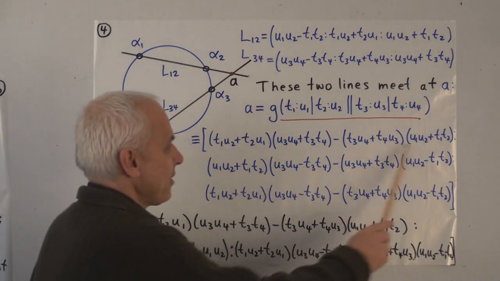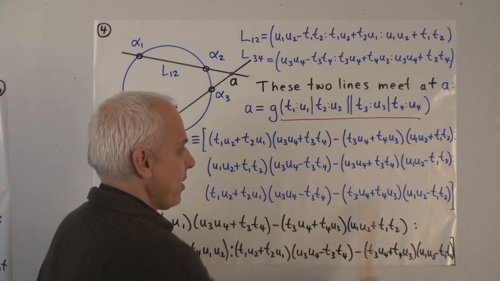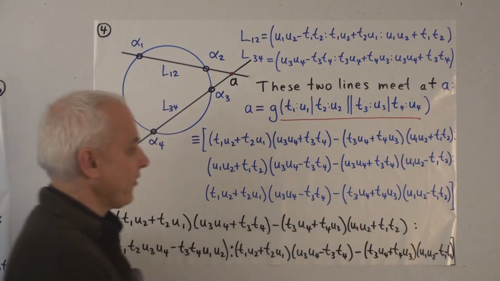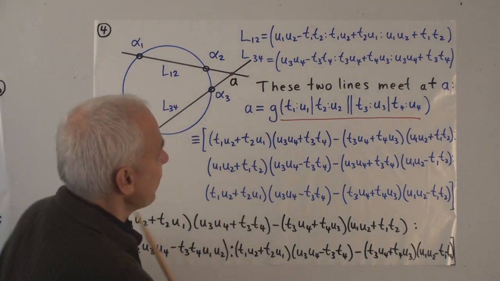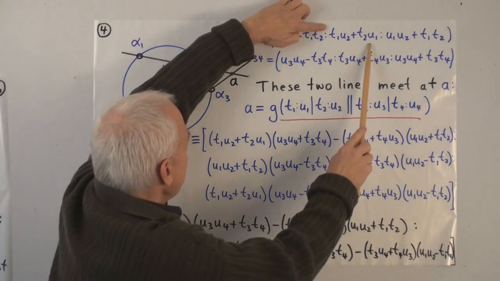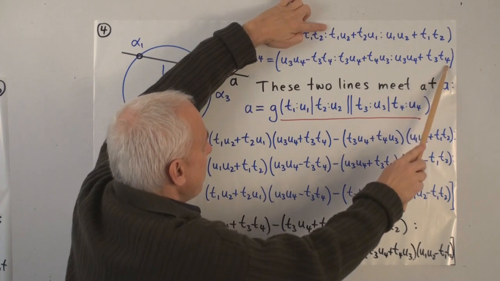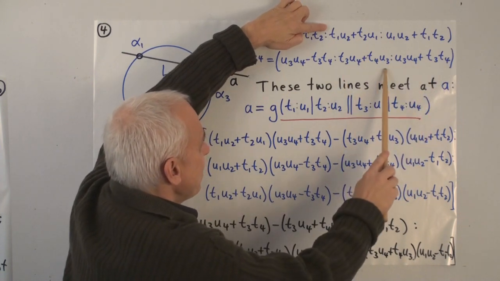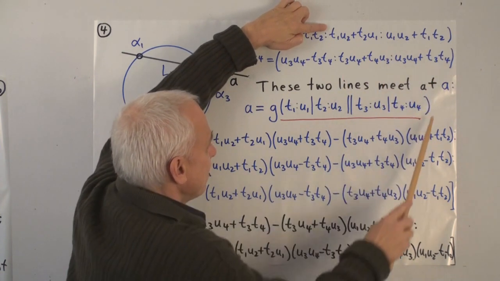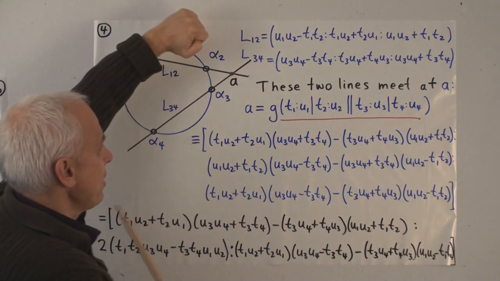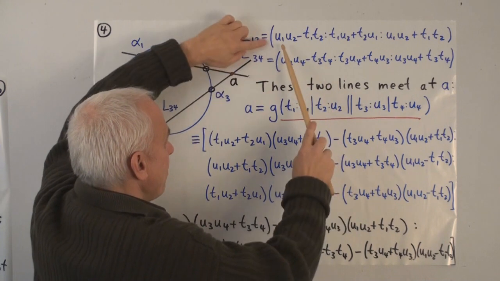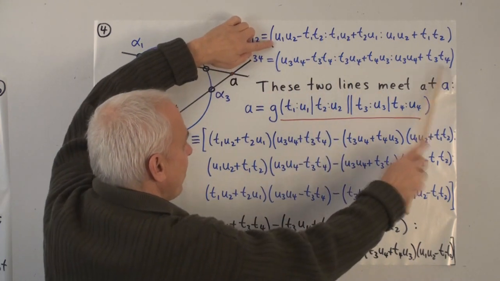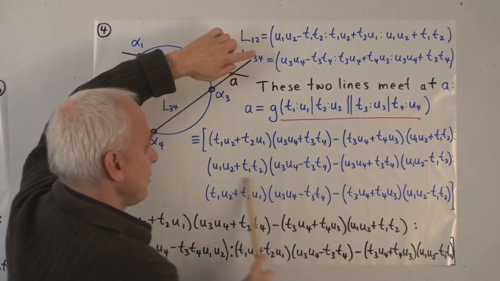There are three components. First one, second one, third one. These are all proportions. So for example, the first one is this entry here times this entry here minus this entry here times this entry here. The second one, this times this minus this times this.